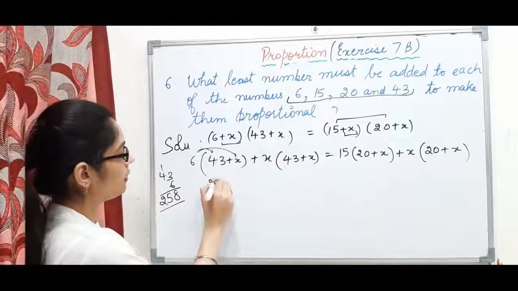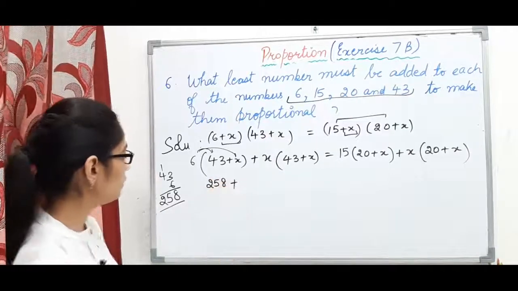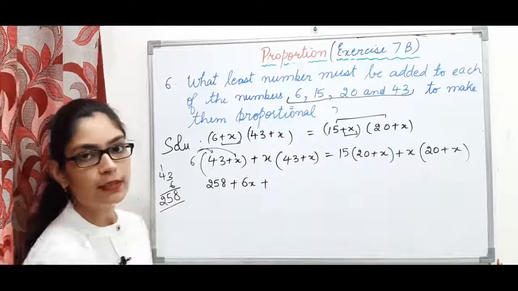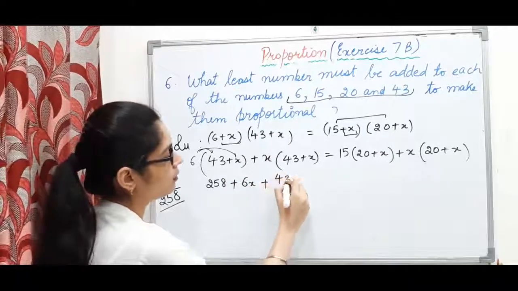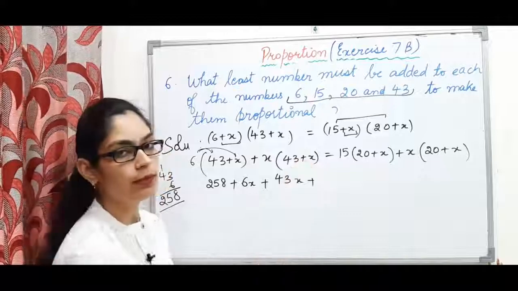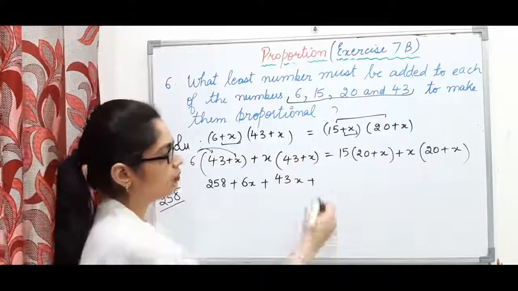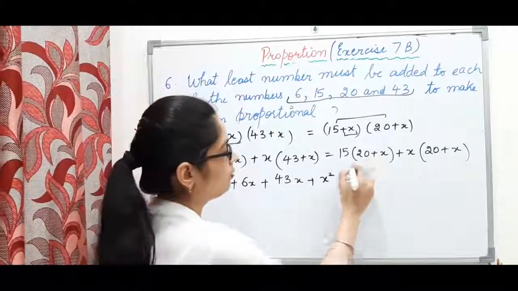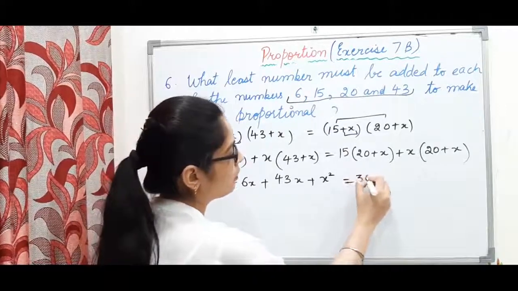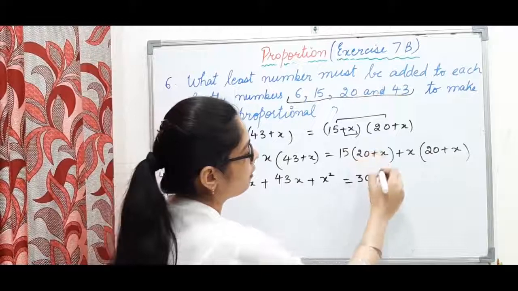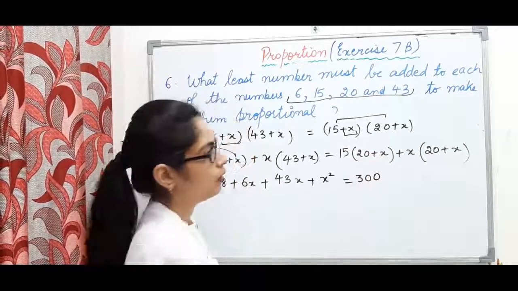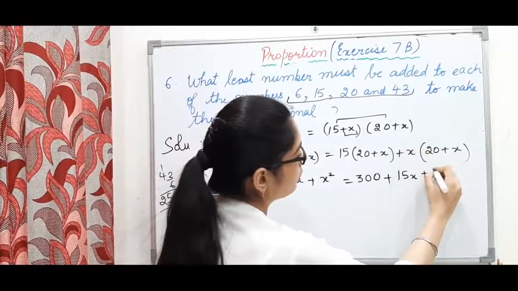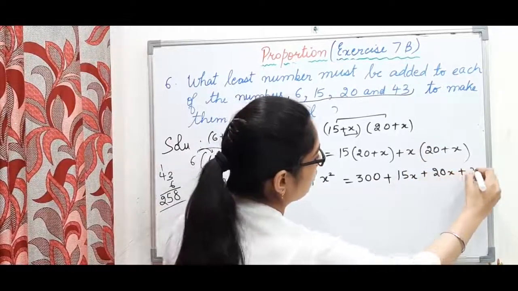So 258 plus 6 into x is 6x, 43 into x is 43x, x into x, x when it's multiplied by itself 2 times, so that means x square. 15 into 20, it is 15 into 2 is 30, 1 0, so 300 plus 15 into x is 15x, 20 into x is 20x, x into x, x square.